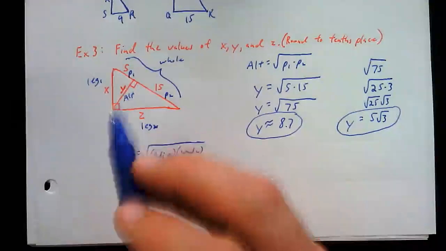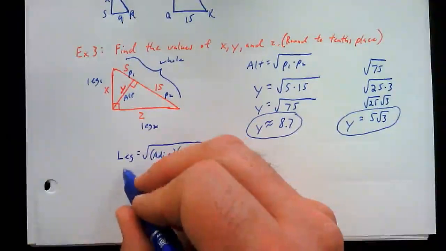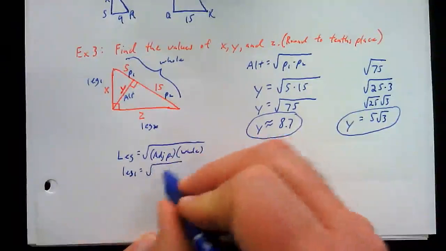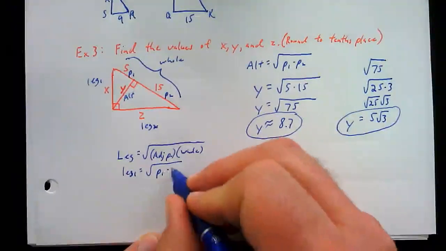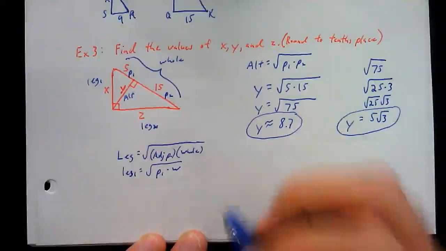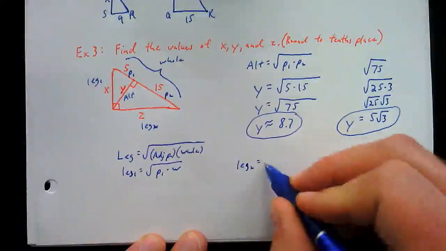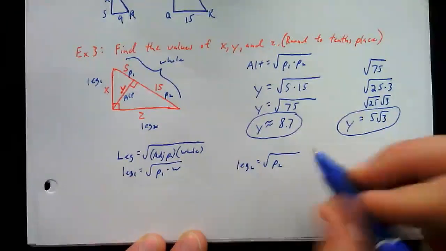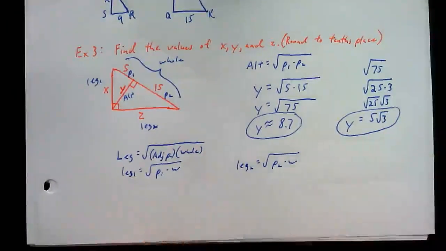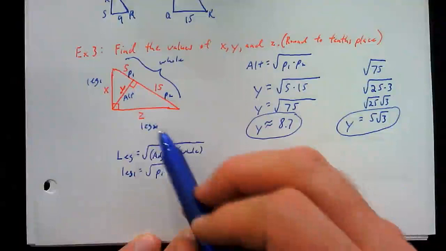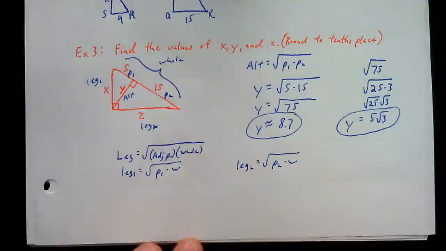So for leg 1, that would mean we're plugging in leg 1, part 1, and the whole. When we do leg 2, we'd be doing part 2 and the whole. Again, the adjacent part, the part that's next to it. So if we're using leg 1, part 1 is next to it. That's the adjacent part. If we're doing leg 2, part 2 is next to it.